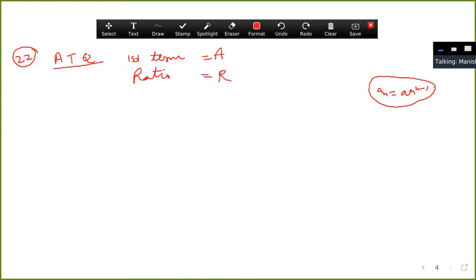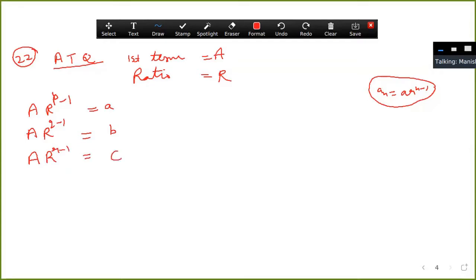So according to the question, the pth term will be capital A R to the power p minus 1, which is equal to small a, and the qth term is equal to b, and the rth term is equal to c. This is according to the question.